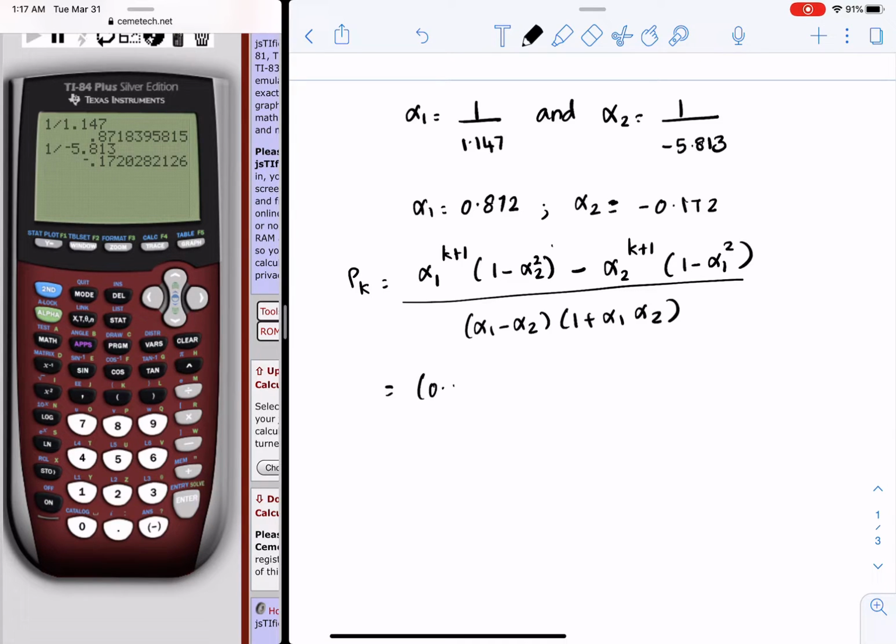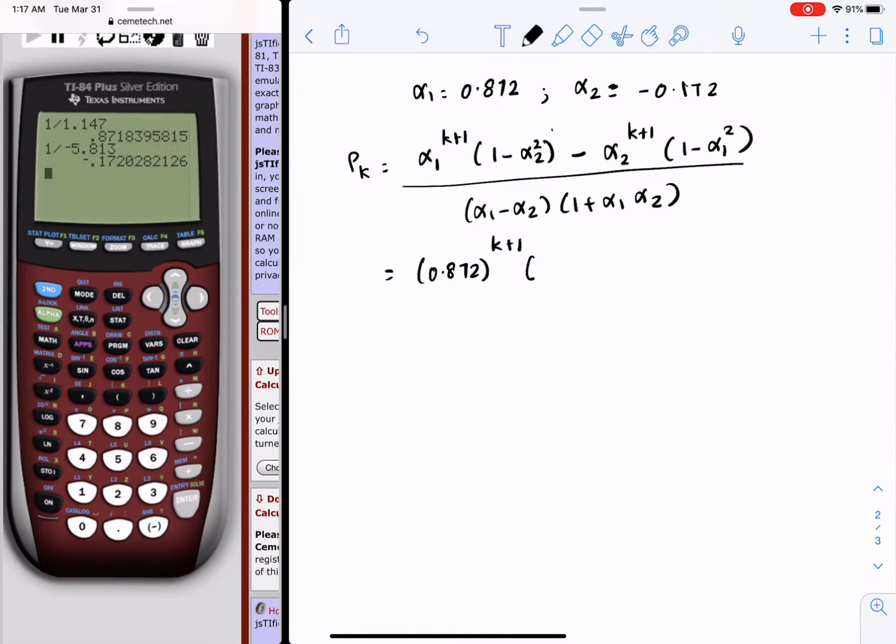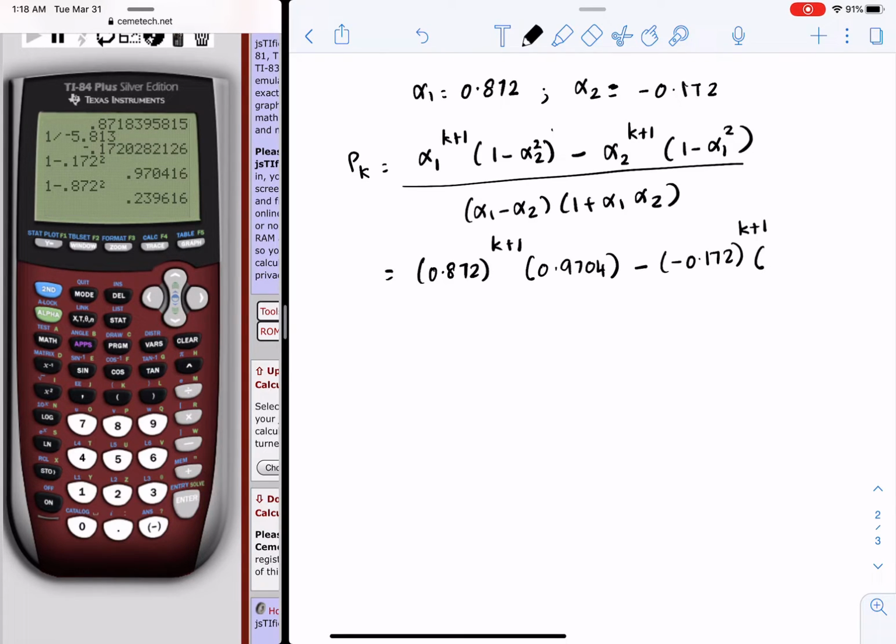So we have 0.872 raised to k plus 1 times 1 minus 0.172 squared, which is 0.9704, minus negative 0.172 raised to k plus 1 times 1 minus alpha 1 squared, which is 0.2396.